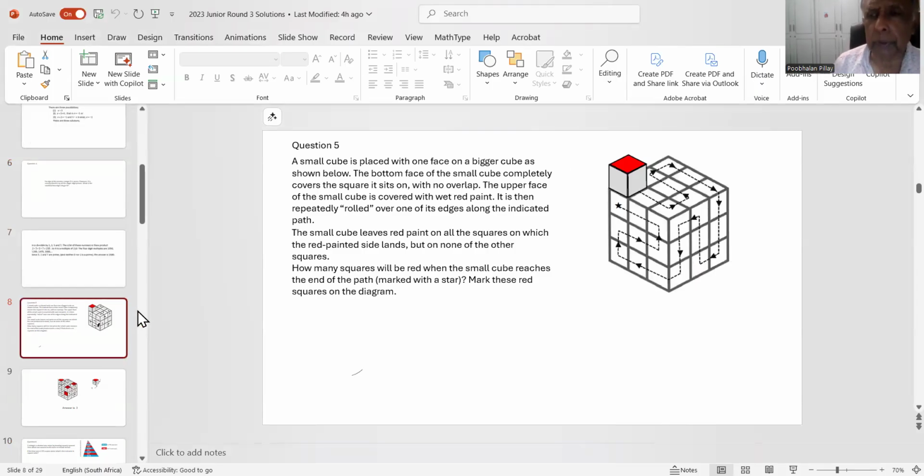I'm not going to go through the story here, but what's happening is that you have a 3 by 3 cube, as you can see, and you have a single cube resting in the corner, and the top surface is painted red.